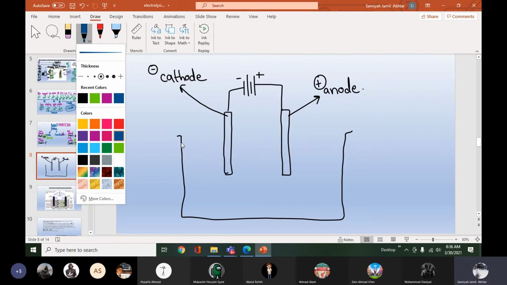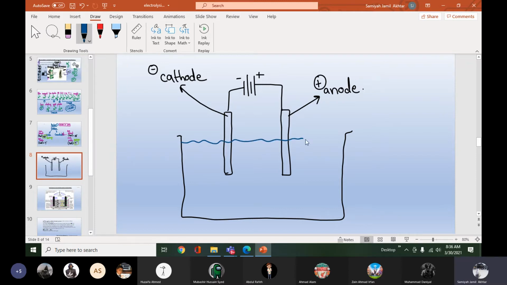Then we have an electrolyte. What is the electrolyte here in this example? Boys, what's the electrolyte? Concentrated sodium chloride. Yes, we are doing the electrolysis of concentrated sodium chloride solution, so this will be the electrolyte.